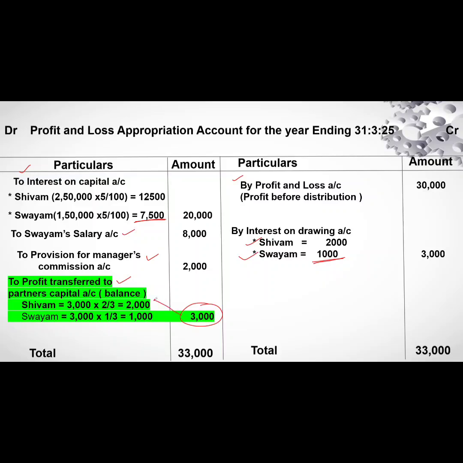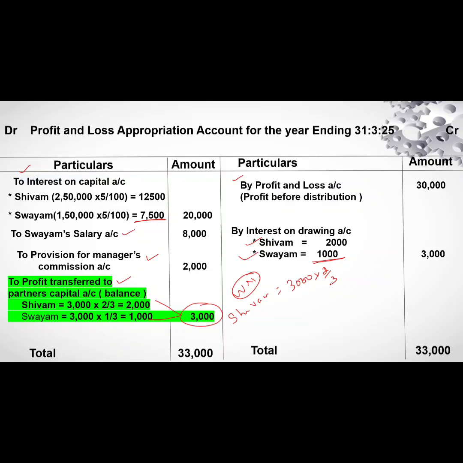Which I have already shown in the previous video. Once again, I'll show the working note here, how to distribute this profit. So 3,000 is the profit. This 3,000 should be distributed to Shivam and Swayam. So Shivam will be 3,000 into his profit sharing ratio 2/3.